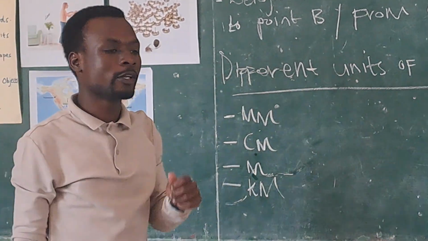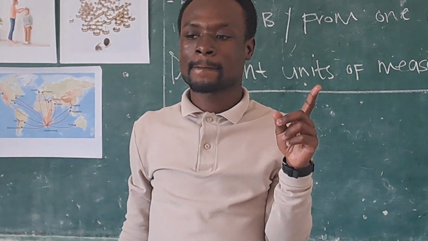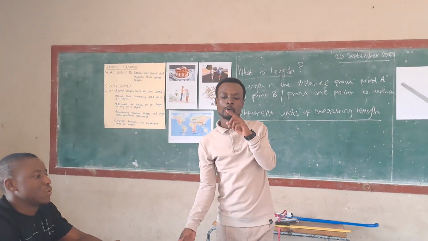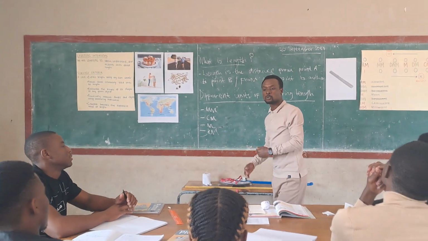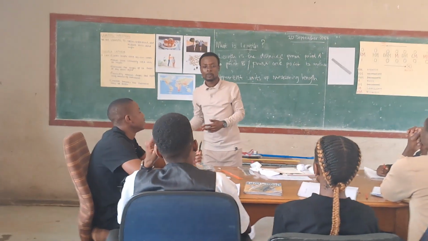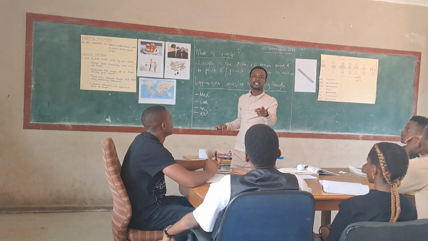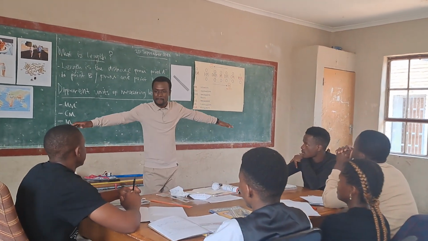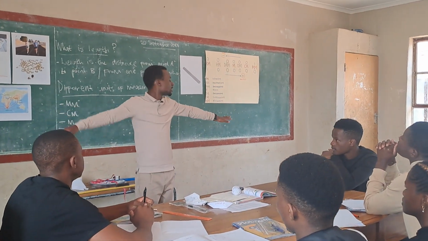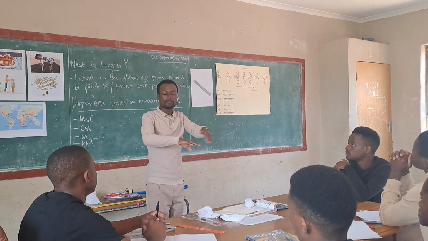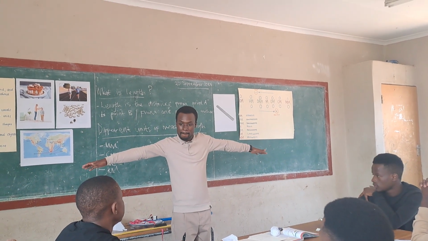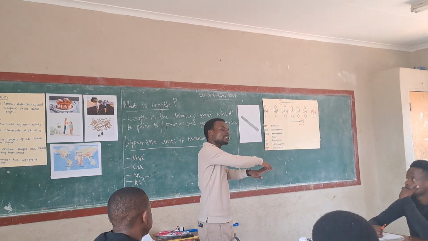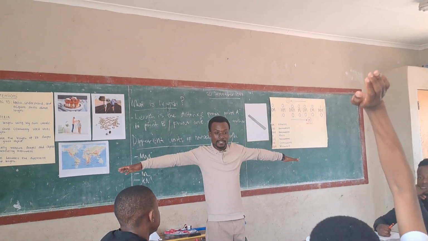When we talk about meter, do you remember COVID-19? During COVID-19, when we were queuing, what did they say? We were not expected to queue close to each other. What was the rule? Social distancing. Then we were using meter. Meter is my hand standing like this. The distance from this part of my hand up to this one is a meter.